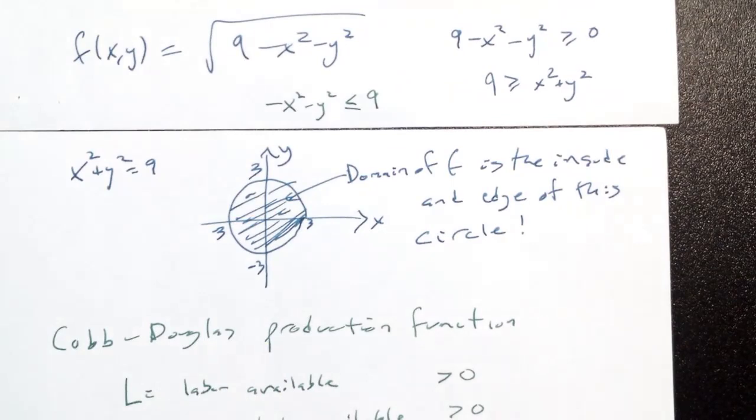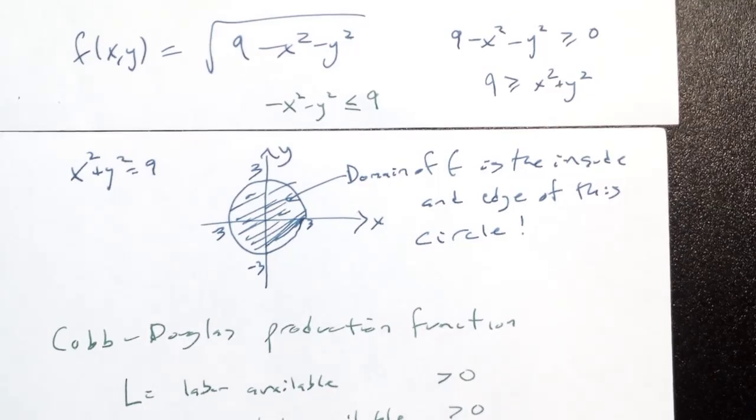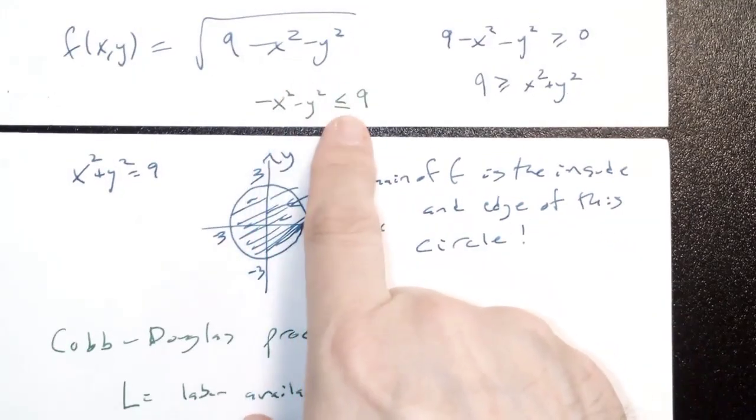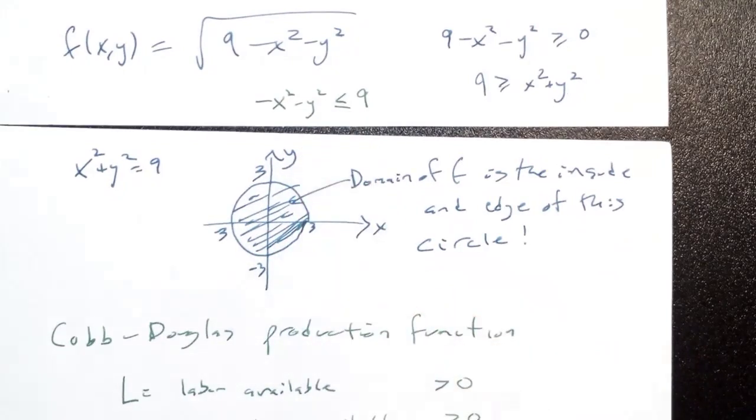If I move the minuses, I get exactly this expression. So I'm absolutely agreeing with you. That's exactly the right way to see it. This stuff can't be negative. So if I write the negative x squared, that can't be bigger than 9. It's got to be less than 9. Move the negative to the other side, and I get exactly this equation. Yes, yes.